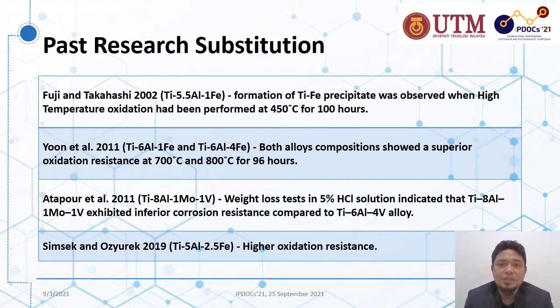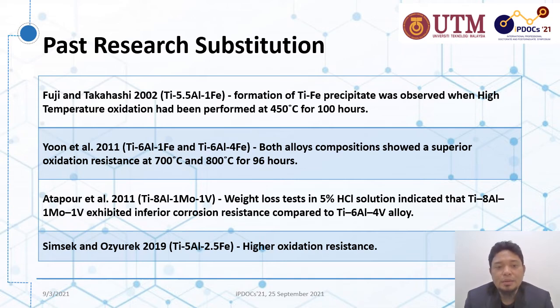research, first we have Fuji and Takahashi in 2002 with 5.5 aluminium and 1 weight percentage of iron. The formation of titanium iron precipitate was observed at high temperature oxidation at 450 degrees centigrade for 100 hours.